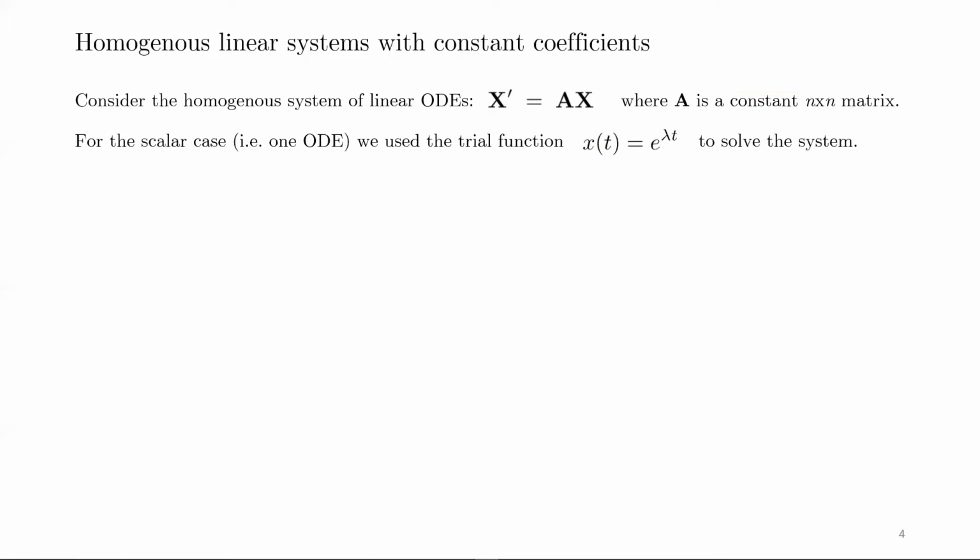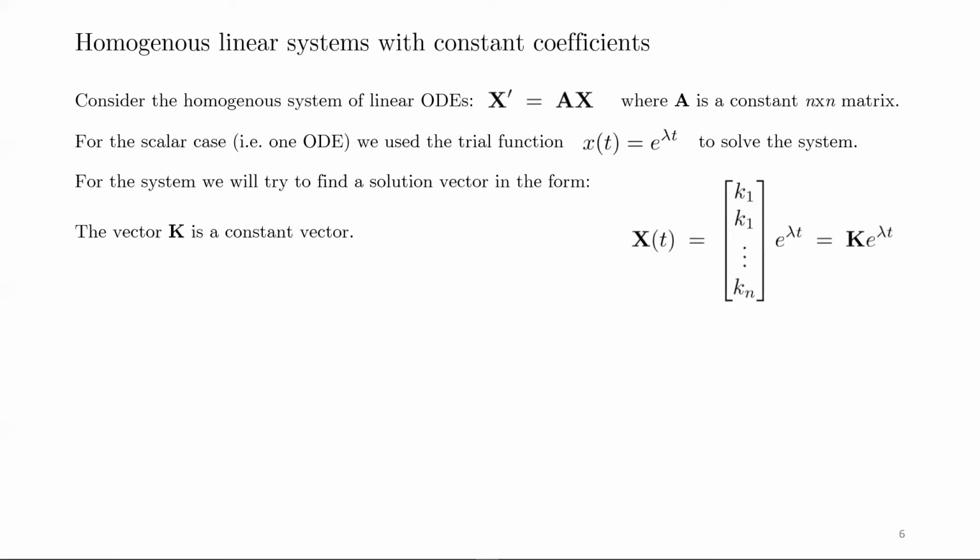For the scalar case, when we had only one second order ODE, we used the trial function x of t equals e to the lambda t. For the case where you have a system of ODEs, we're going to try to find a solution vector of this form.